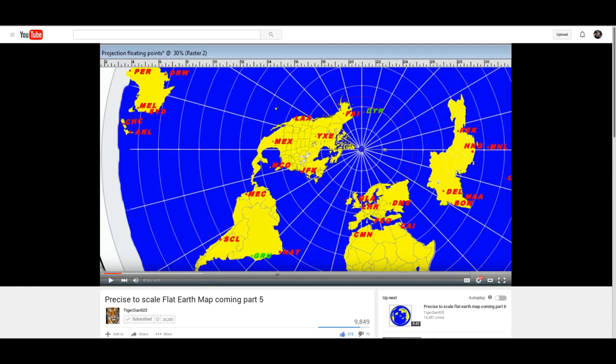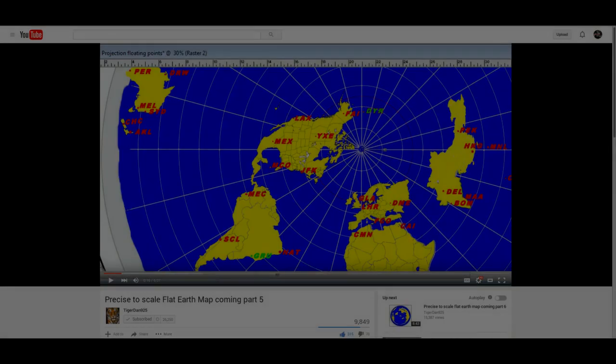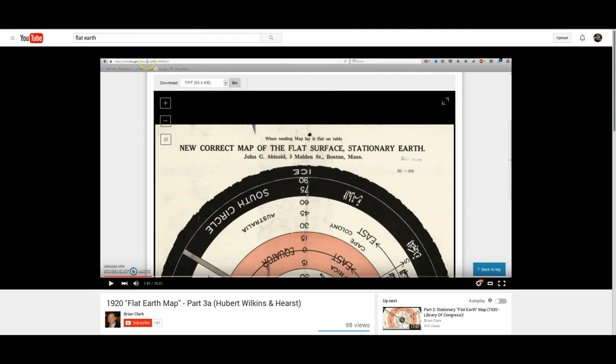So this was the first stage, was to have Tiger Dan come down. Because then, as I'm doing some research for this little video, I find this Brian Clark, that he supposedly, quote unquote, found the flat earth map from 1920 in the Library of Congress.